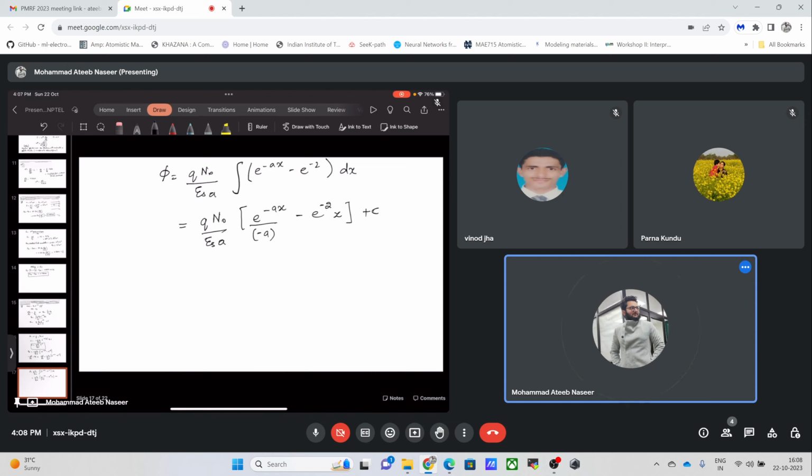Okay, now this built-in potential will simply be the potential difference between the value which will be at the depletion width 2 by a and at the metal semiconductor junction.